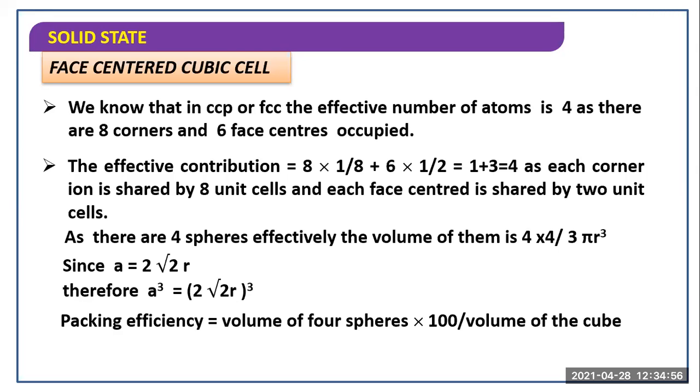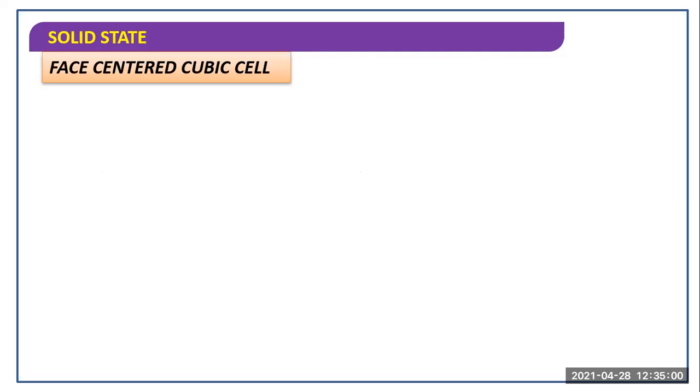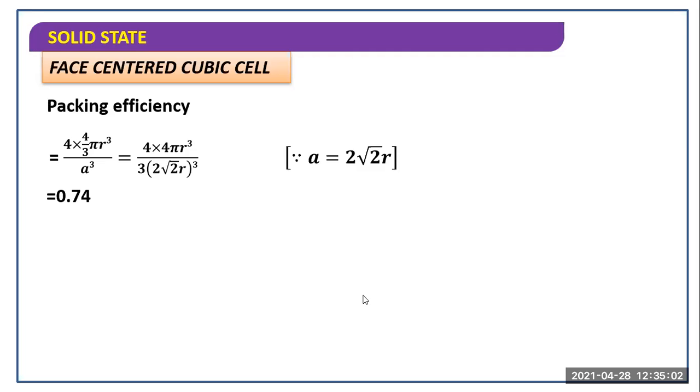Here root 2A is the face diagonal. So this is the relation between A and R. So the total number of atoms is 4 and the volume of one atom is 4/3 pi r cube, divided by A cube, which is the volume of the cube.